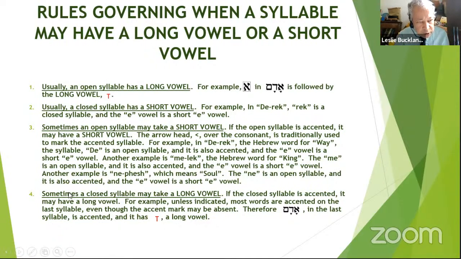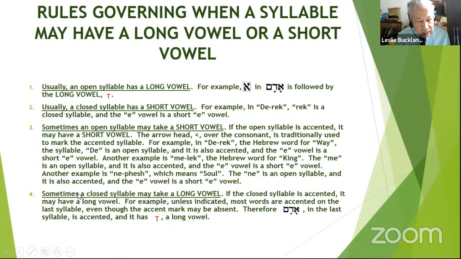Here's another exception, and this is the exception to rule number 2. Sometimes a closed syllable may take a long vowel. Now notice in number 2 it says, usually a closed syllable has a short vowel. That is what you would normally expect.